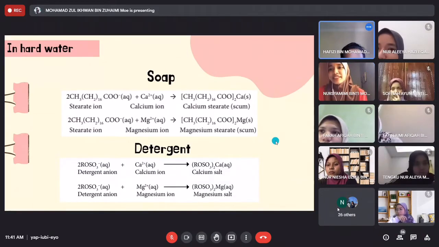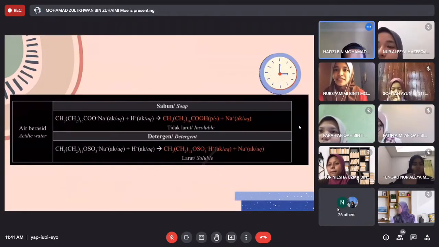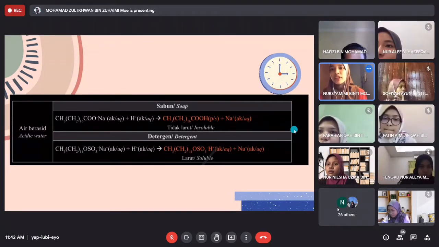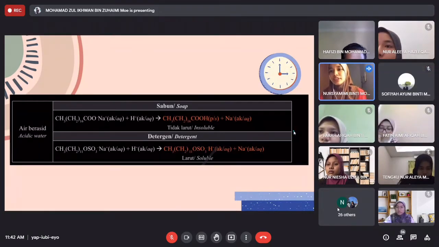Okay. Awak ingat macam ni yang scum tu pepejal lah. Yes. Okay. This is the reaction in acidic water. Soap will form insoluble acid in acidic water, while detergent can be soluble in acidic water. Okay.